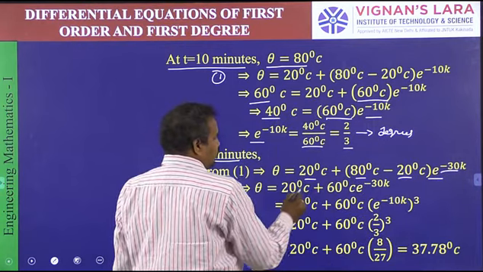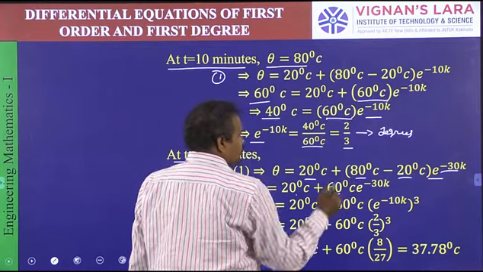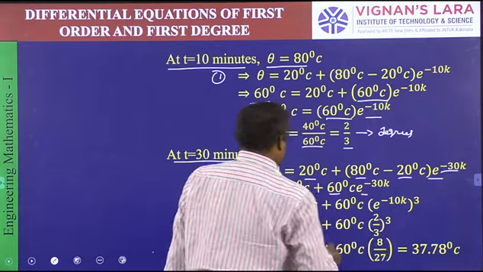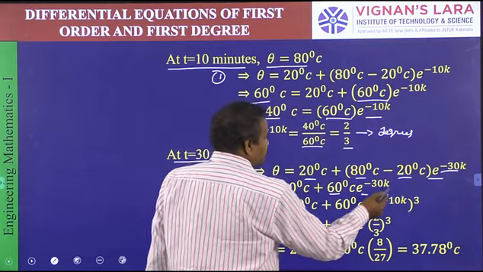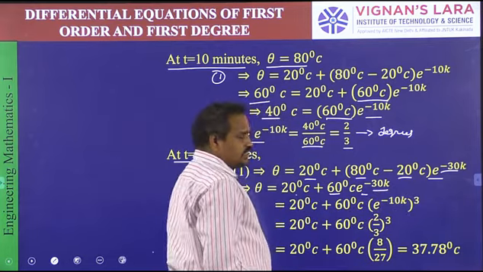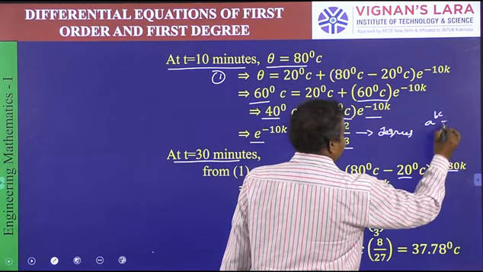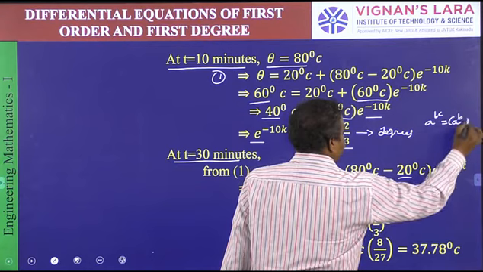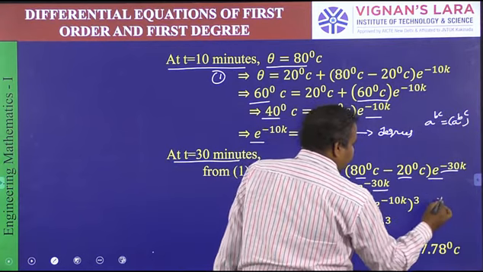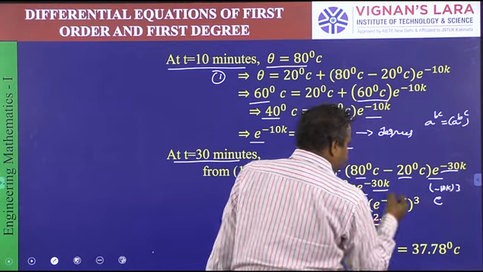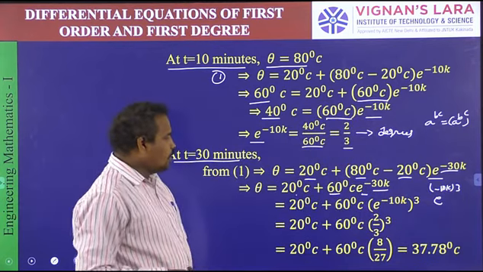So theta is equal to 20 plus 80 minus 20, 60, into e power minus 30k. E power minus 30k can be written as e power minus 10k whole cube, because a power bc can be written as a power b whole power c. So e power minus 10k into 3 can be written as e power minus 10k whole cube.